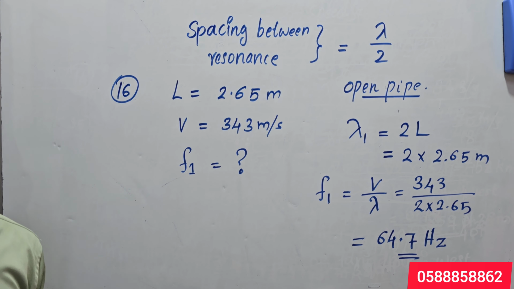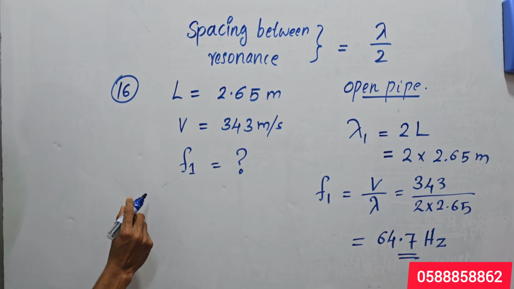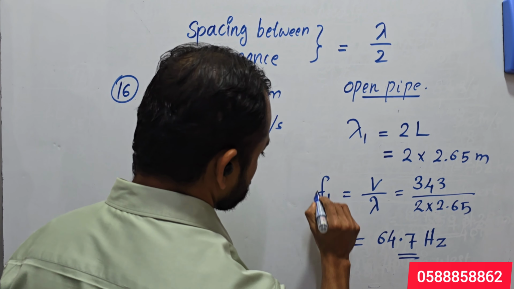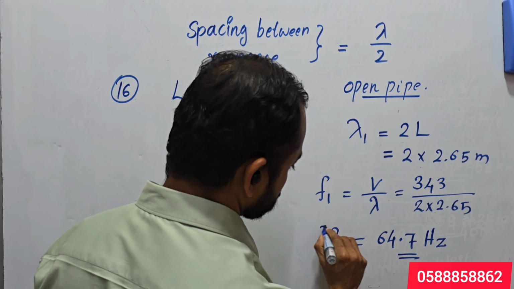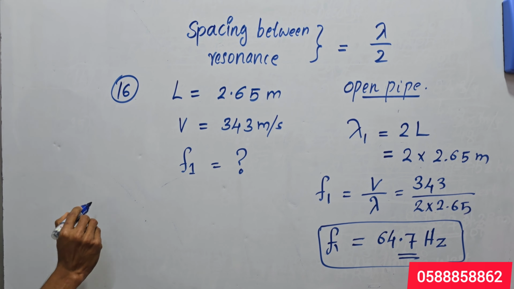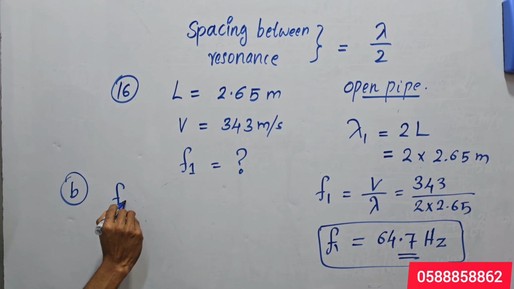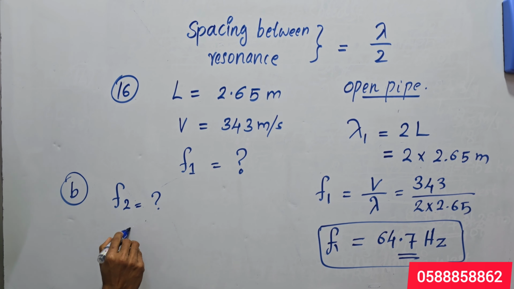We got the fundamental frequency, and question B is find the next two resonant frequencies. So for an open pipe, what is F2 and F3?